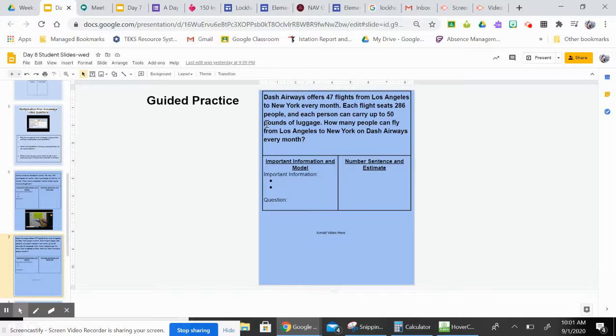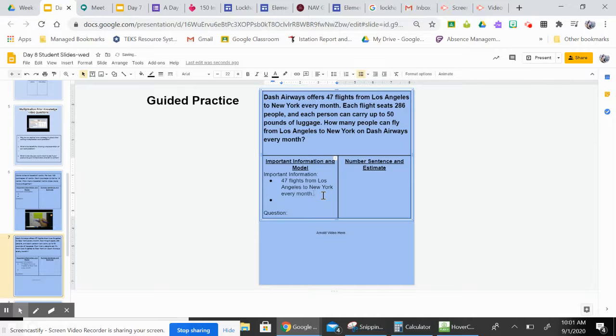Who is this about? We know it's about flights from Dash Airways flying from LA, Los Angeles to New York every month. There are 47 flights from Los Angeles to New York every month. I'm going to copy that because that is important information.